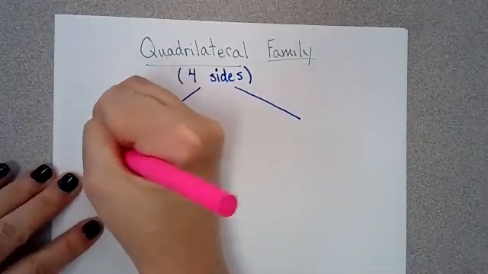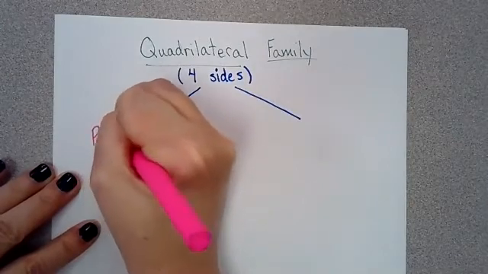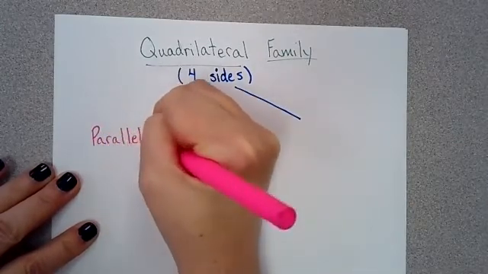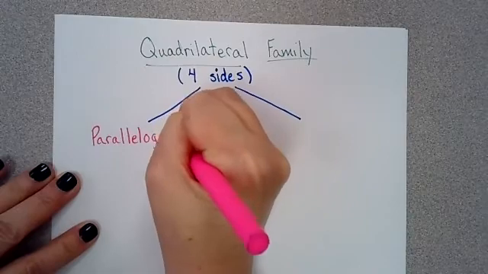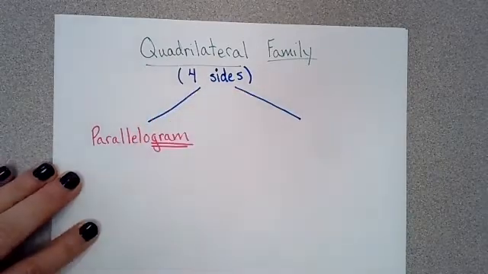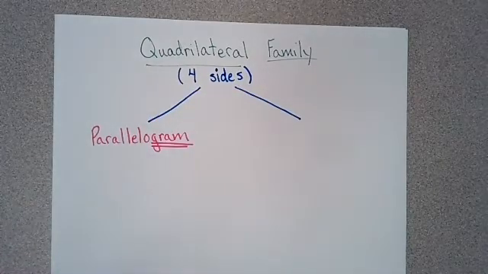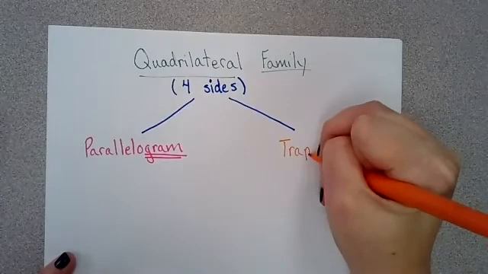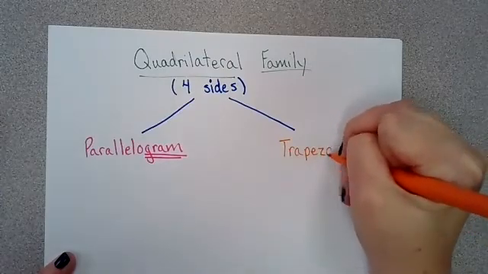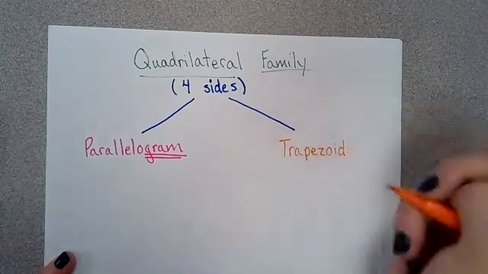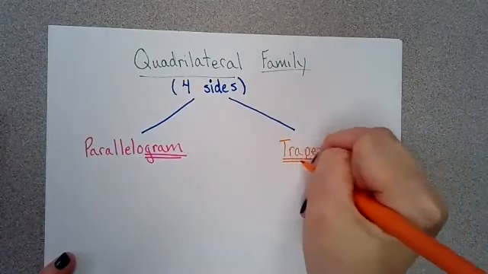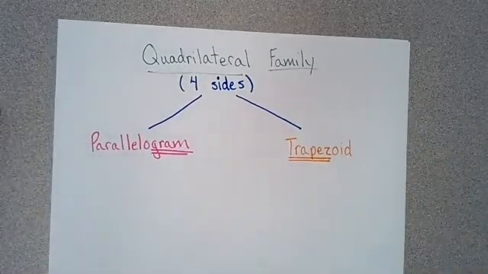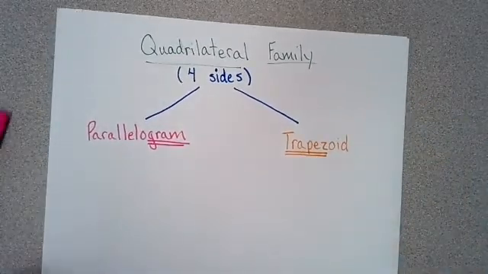His full name is Parallelogram, but everybody calls him Graham, all right? And his brother is Trapezoid. His full name is Trapezoid, but everybody calls him Trapezoid, or Trapeze, all right? So there's Graham and Trapezoid.